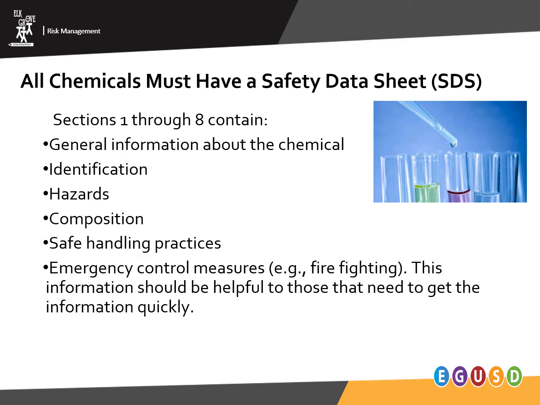Sections 1 through 8 contain general information about the chemical: identification, hazards, composition, safe handling practices, and emergency control measures, for example, firefighting. This information should be helpful to those that need to get to the information quickly.